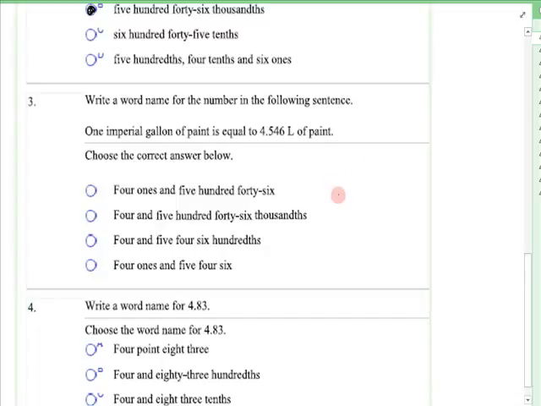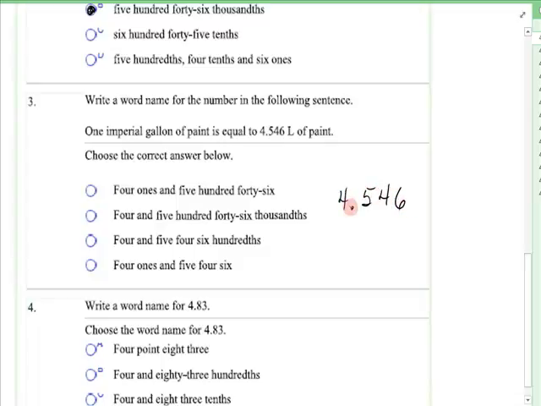We have 4.546. And I know that it's very normal to read it literally as 4.546. But if you read it as a decimal, it is 4 and 546, what place? Tenths, hundredths, thousandths.